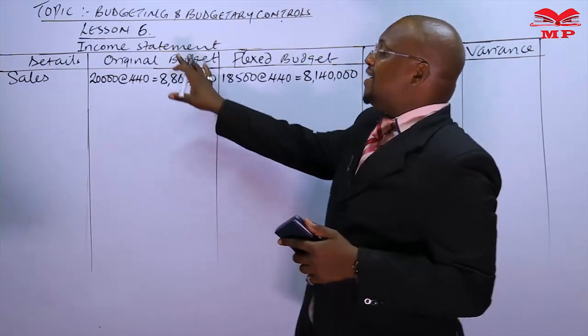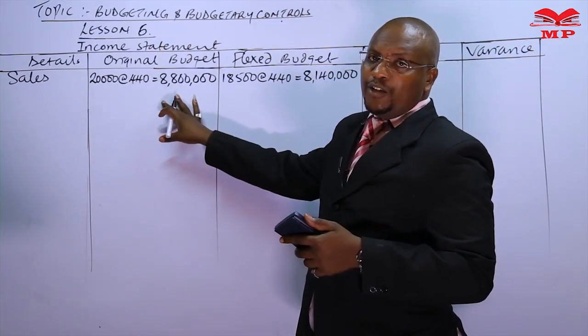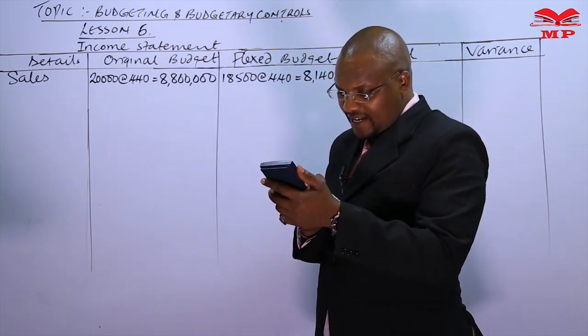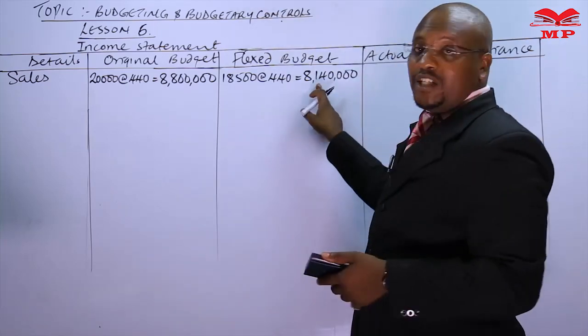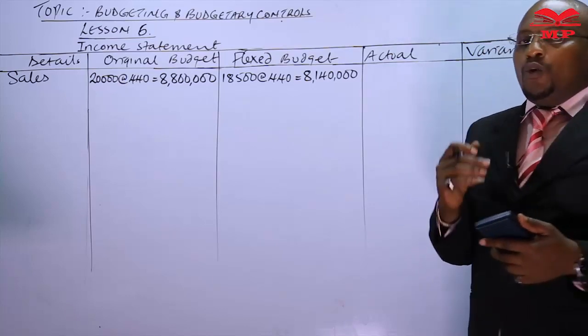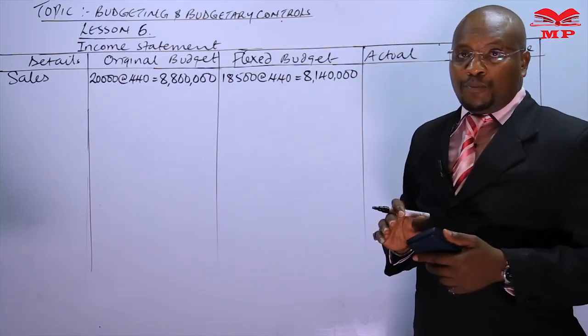So we can take this budget and multiply everything by 92.5%. This 8,800 gives us 8,140. That is how the flexible budget is.